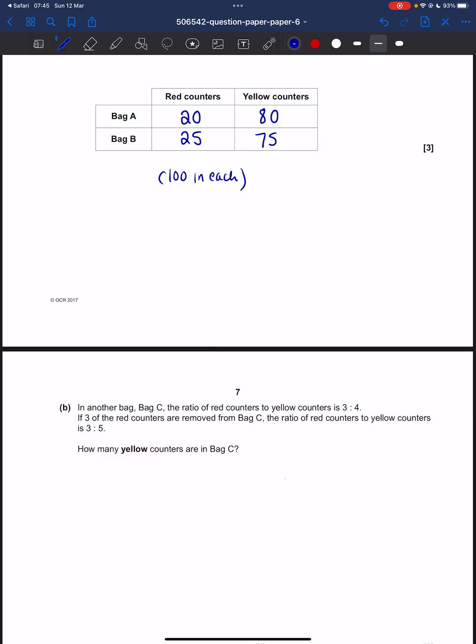Right, so we've got bag C. If we start off as 3 to 4, then we take away 3 of the reds, and the ratio of red to yellow is 3 to 5.